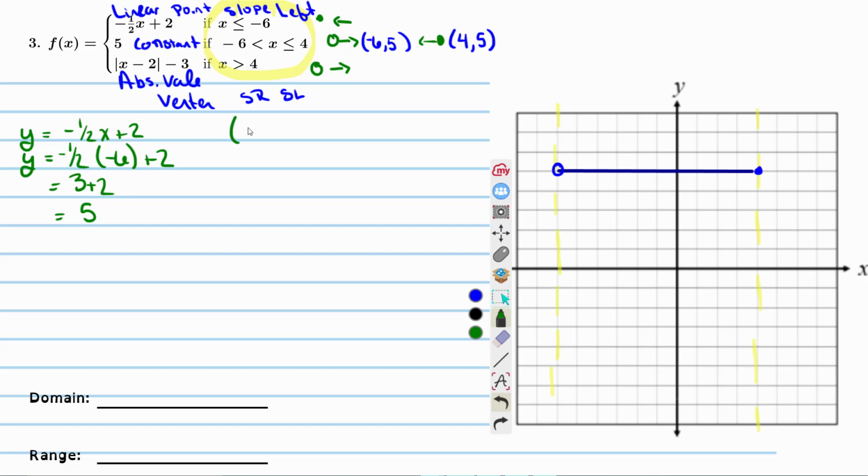So my ordered pair is -6, 5. And when I look here, I'm filling in that hole. Now I need to do my slope going to the left. It's going to be the same both ways, so -1/2. I need to go left, and I'm negative, so that means I need to go up.